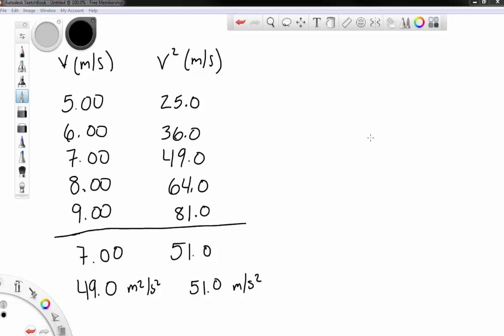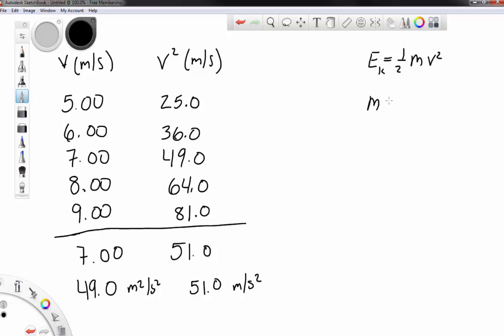Now, what we want to know is what is the average energy of these 5 cars. And the basic way of doing that would be to figure out what the energy of each car was and then add them together and basically divide by 5. So recall that the kinetic energy is 1/2 times the mass times the speed squared.